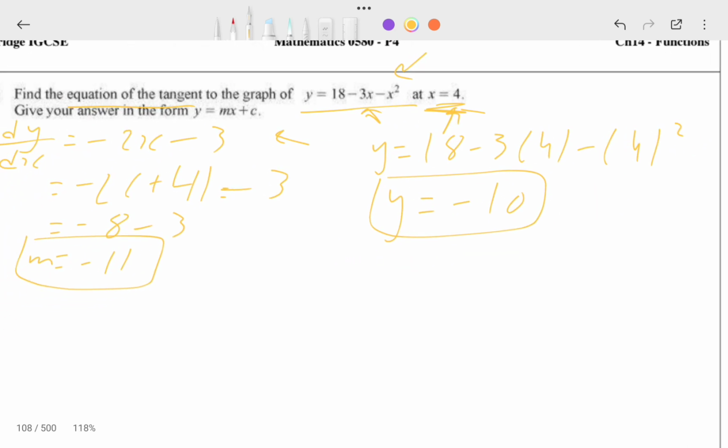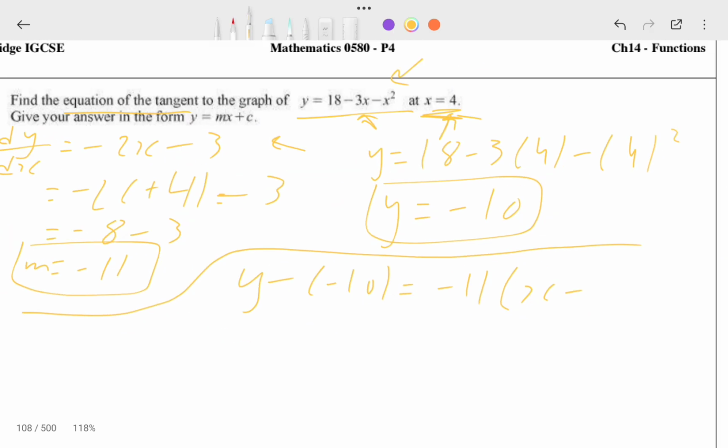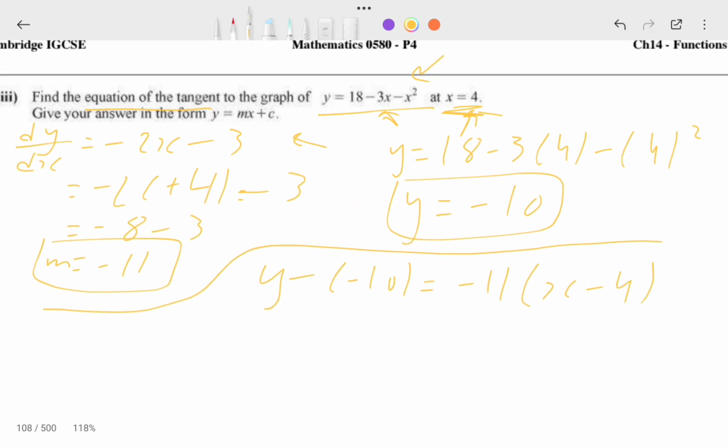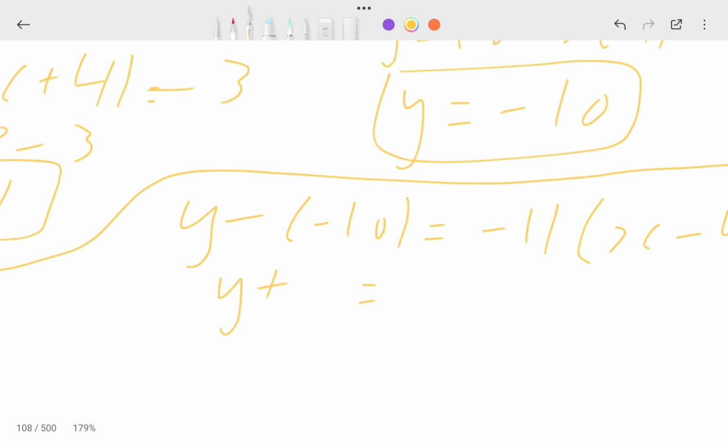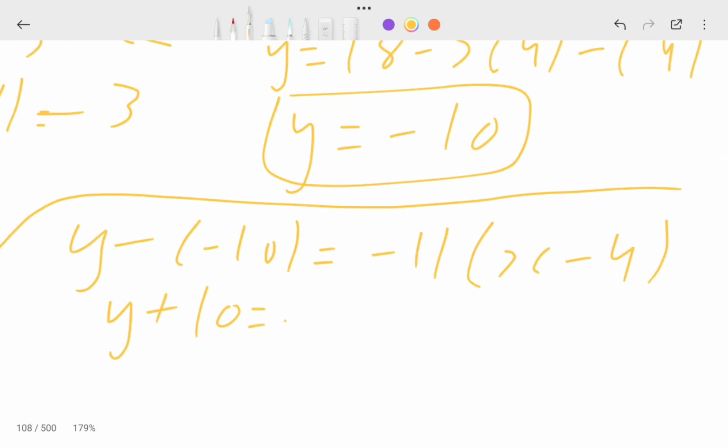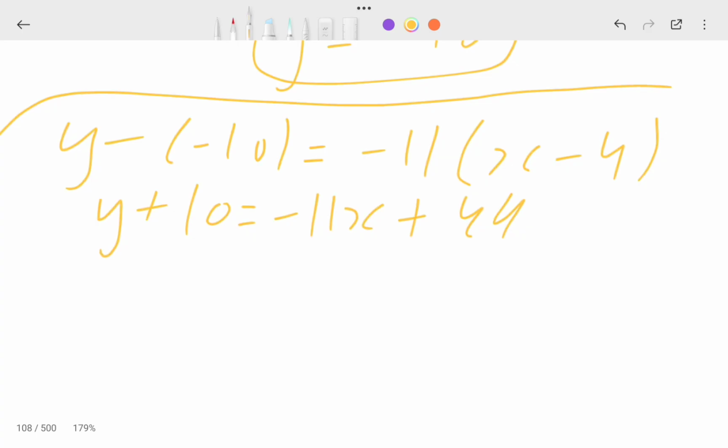Okay, now we will choose the formula for the line of equation, which is y minus y1, which is minus 10, equals m, which is minus 11, times x minus x1, which is 4. So y plus 10 is equal to minus 11x plus 44.